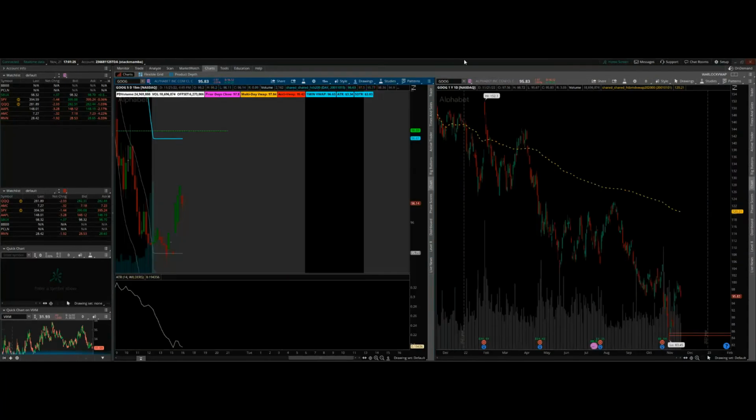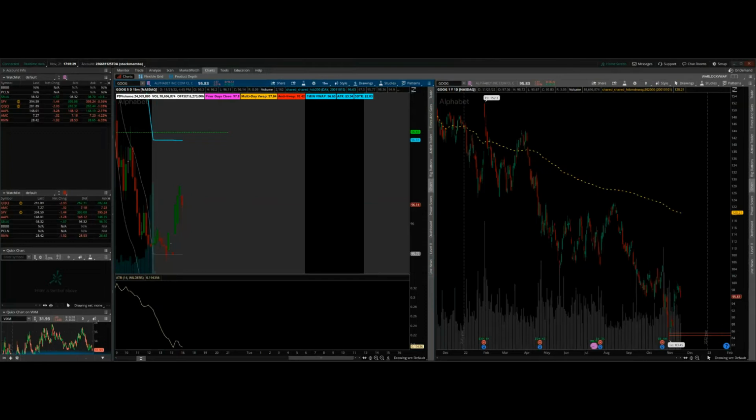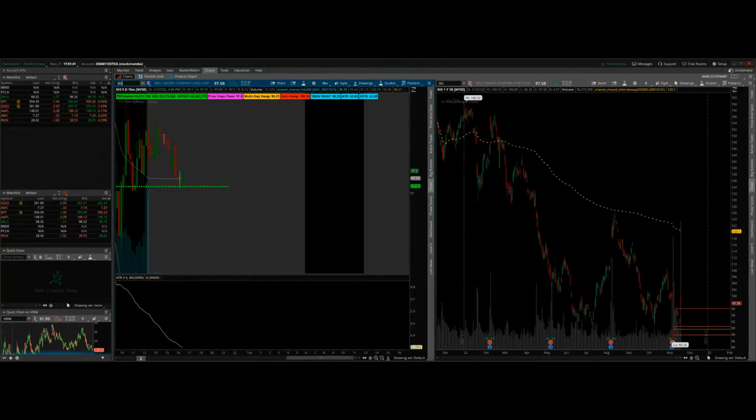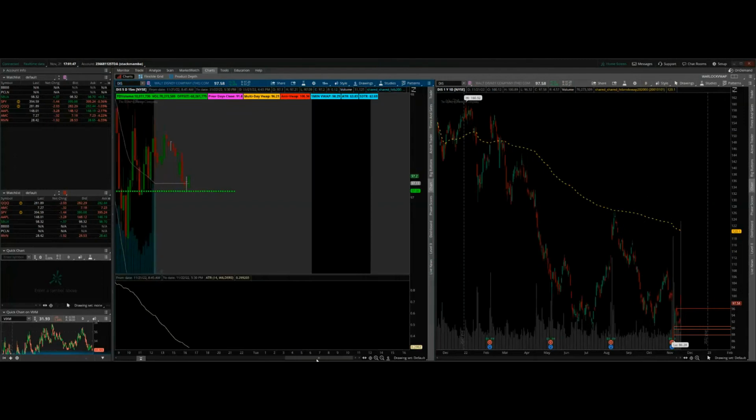So this is a chart, but let's pull up this one. All right. Let's pull up this chart. Let's look at who reported today. So I was watching Disney. Let's take a look at Disney and why Disney was important.